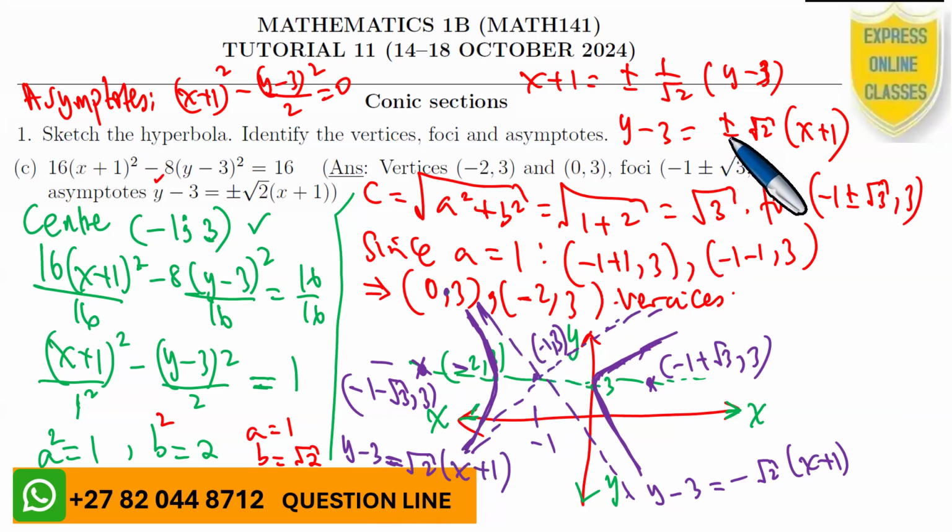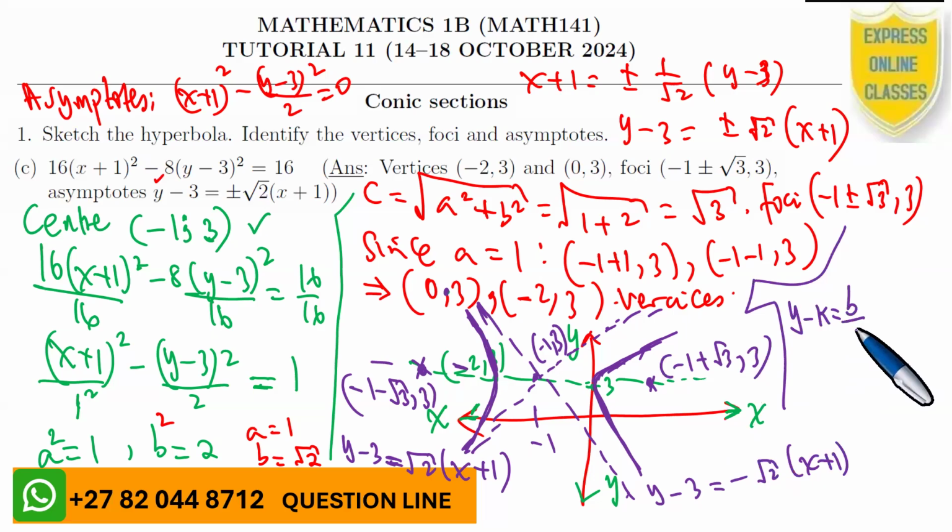In other words, what we're saying is for the asymptotes, which is b over a.